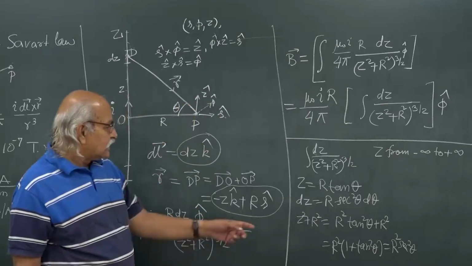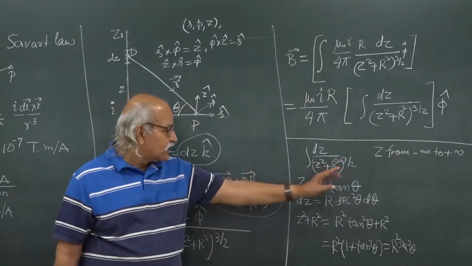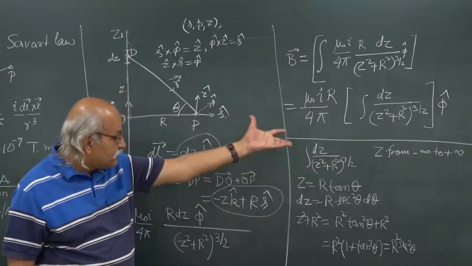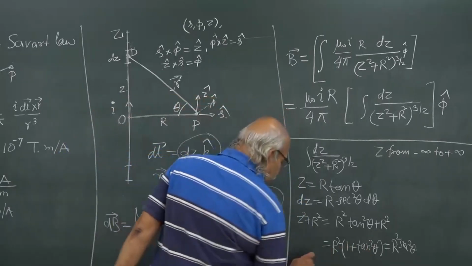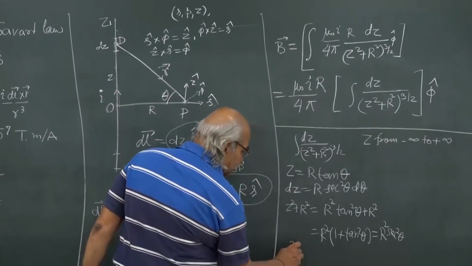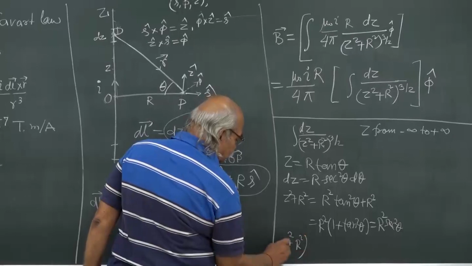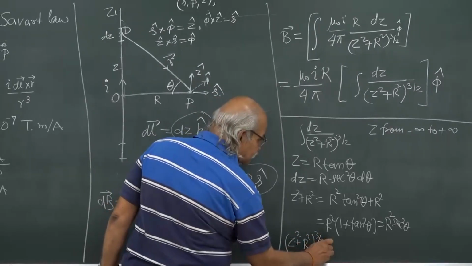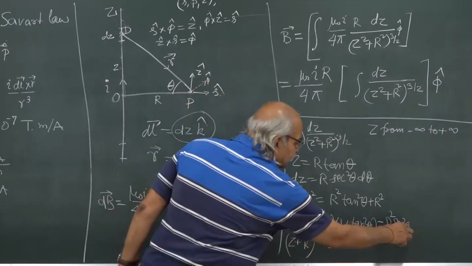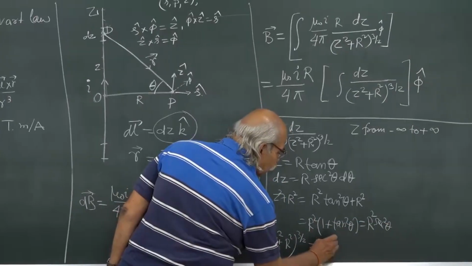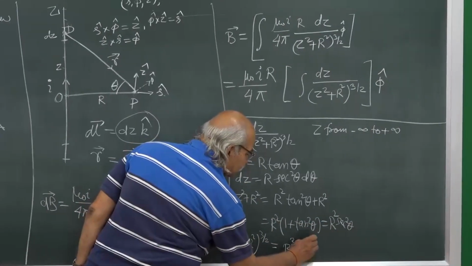That is our z square plus r square, to the power 3 by 2. So to the power 3 by 2 will be r cube sec cube theta.